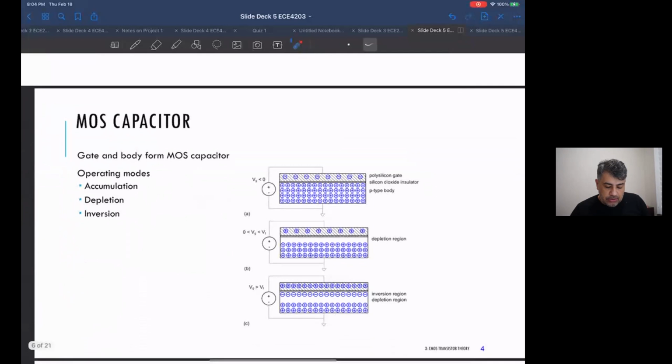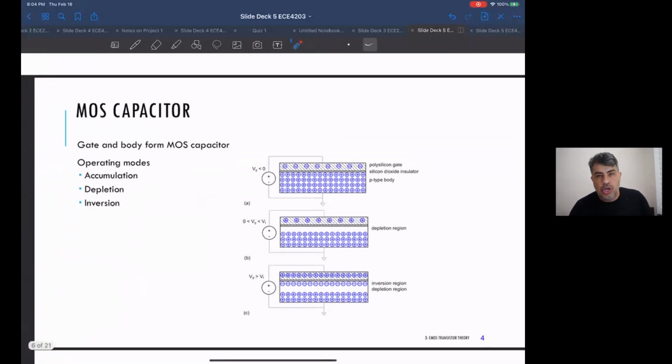So let's first think about how a MOS transistor works. The starting point with a MOS transistor is a MOS capacitor. So we're going to start with a MOS capacitor first and add the source and drain to it. But the MOS capacitor, all it has is a gate, which is where the polysilicon is.